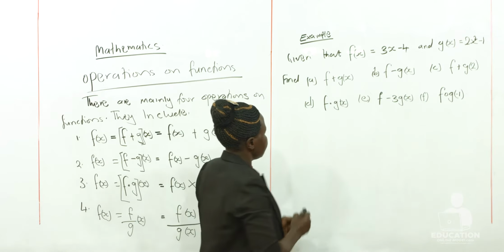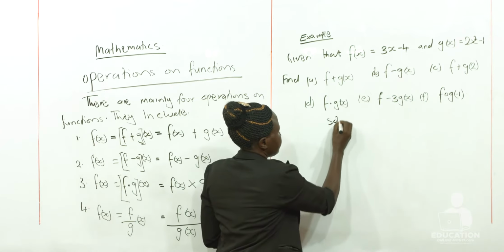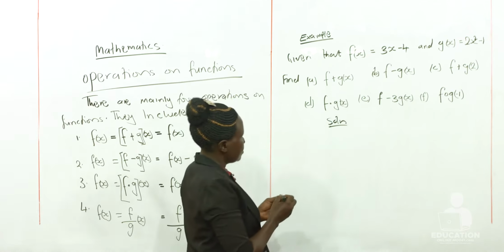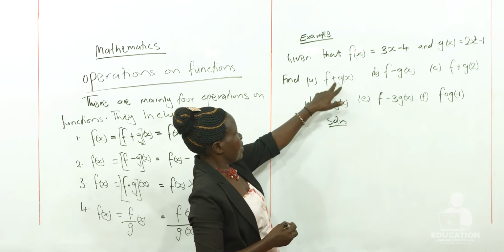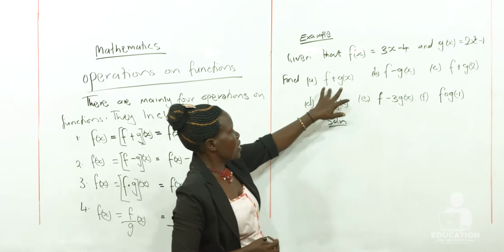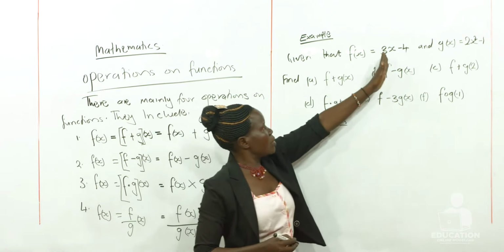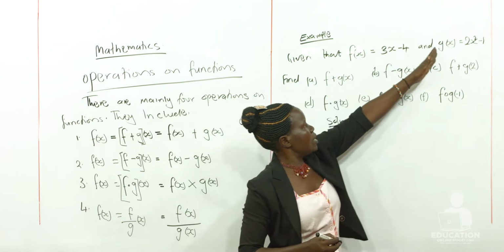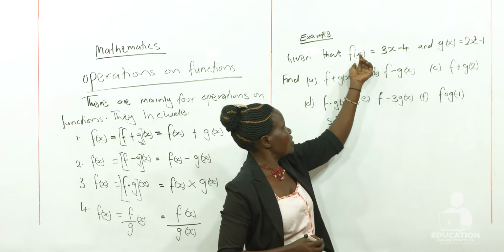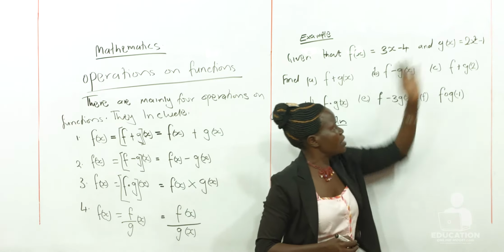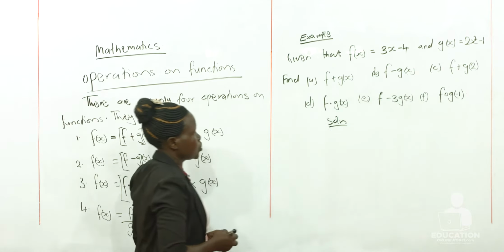Let us look at the solution part, for part A. They said f plus g, so add the function f together with the function g. You come back down to your rules which are given. What is the value of function f? What is the value of function g? Then you substitute.